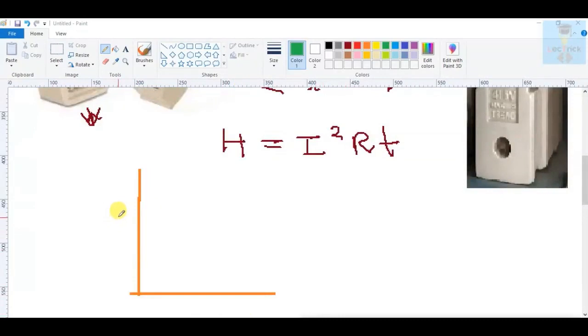Now you can see the characteristics of a fuse. This is current I, and this is time in seconds. They are inversely proportional. That means if your current is more, then the time of operation will be very less.